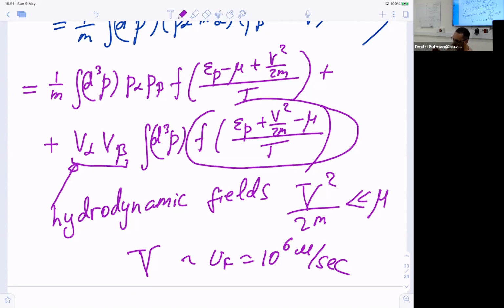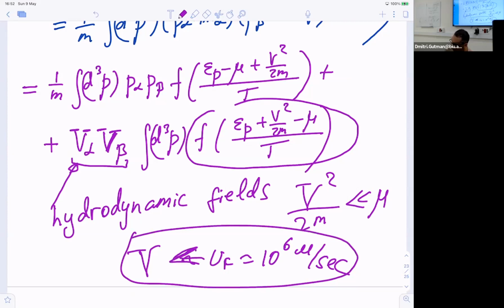So there will be an expansion that starts with the hydrodynamic velocity square, but will also generate terms that are higher and more nonlinear. Now let's use the approximation that v is much smaller than Fermi velocity, and therefore just ignore these terms.